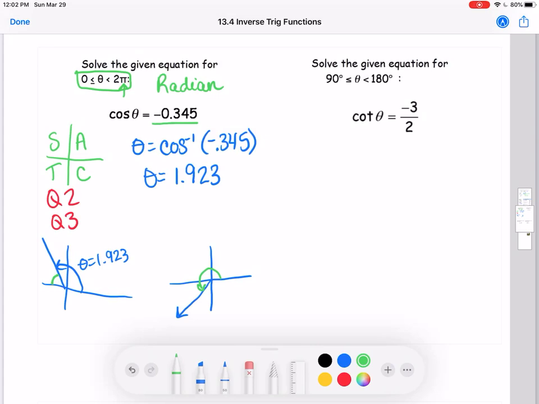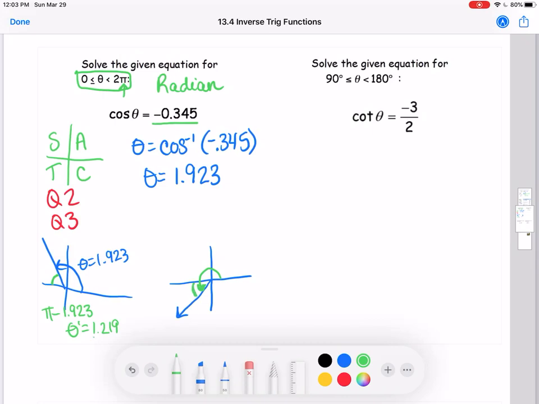Subtracting from pi is what we have to do to find that reference angle. So if you take pi minus 1.923, you get a reference angle of 1.219. Now to move our angle into quadrant 3, our second answer, it's the same reference angle of 1.219.